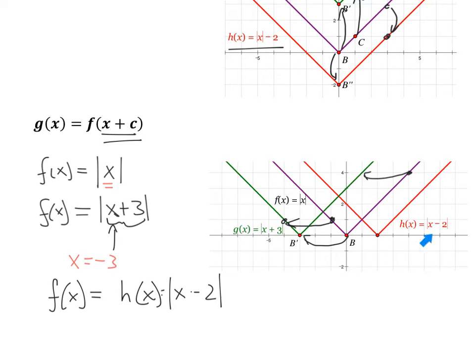When we subtract 2, we get this red graph. And we notice that this blue graph, our original f of x, has moved to the right 2. So everything moves to the right 2. The origin moves to the right 2. This point, which was on the original blue curve, has moved right 2.